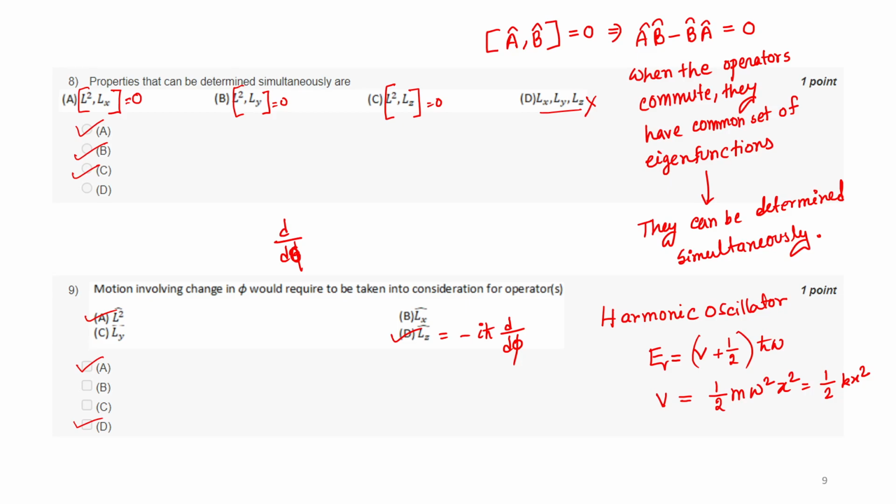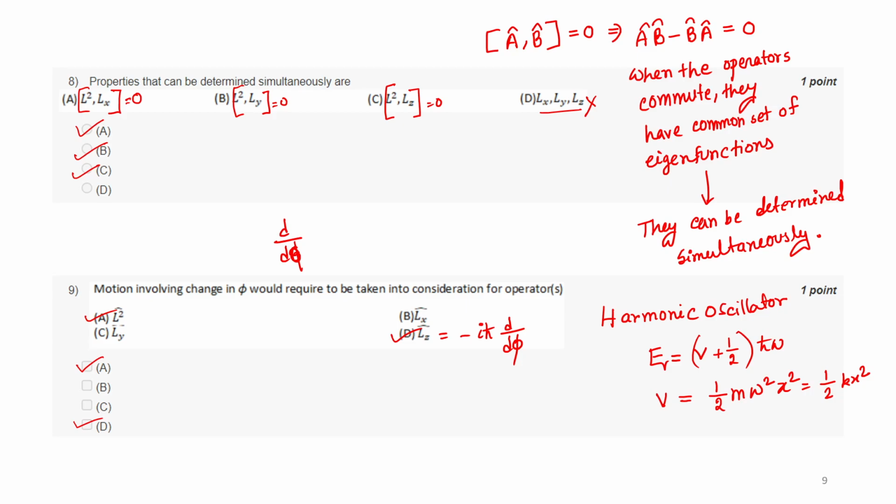So we have an energy expression for a vibrational state, that is E_v is equal to v plus half multiplied by h cross omega. And from the starting onwards, we know the potential energy is half k x square or half m omega square x square.